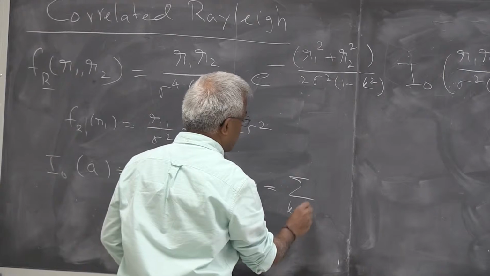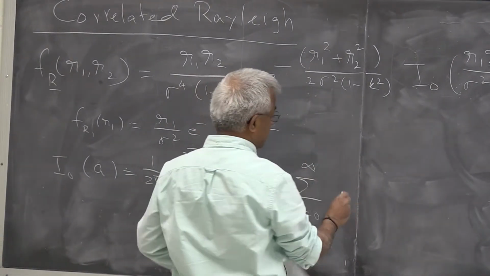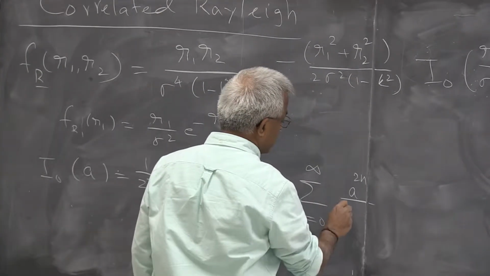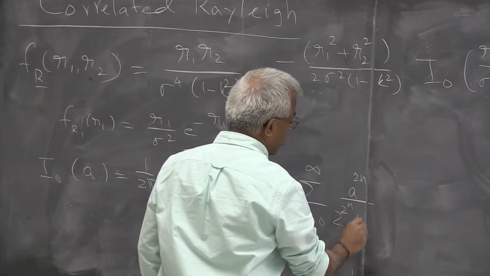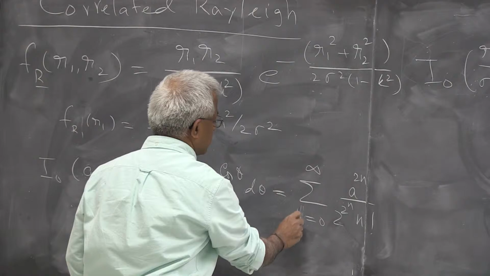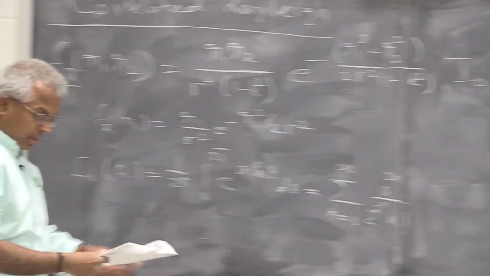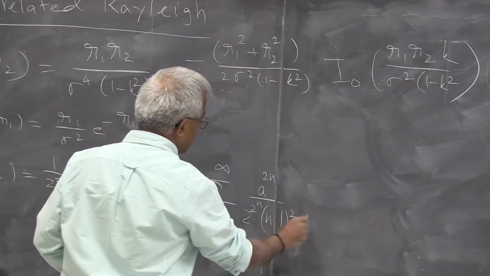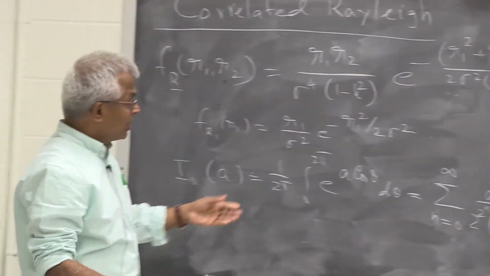This will turn out to be the sum over n equal to 0 through infinity of A to the power 2n over 2 to the power 2n, over n factorial squared. This is a standard expression.